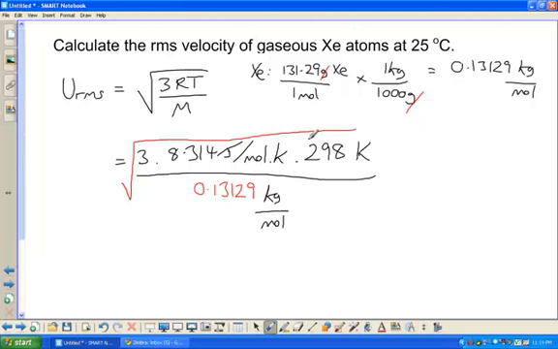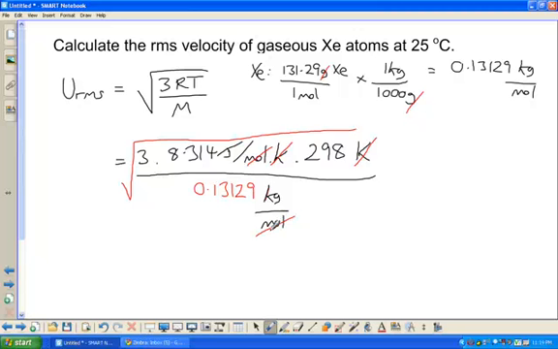Now, let me show you what we can do with our units here. Our Kelvin was on top here, and here it's on the bottom. We have moles on the bottom here, moles on the bottom there, so those will cancel out. And what we're left with is essentially units of joules per kilogram.